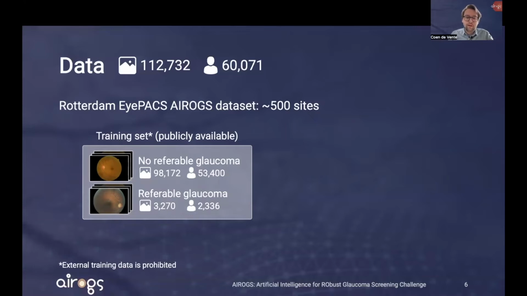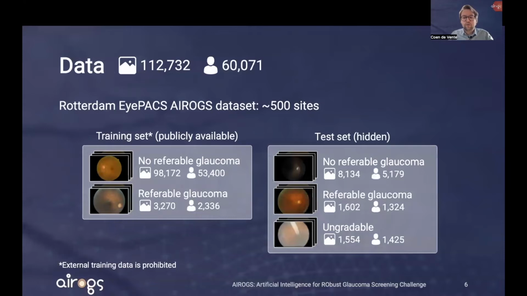We had about 98,000 no referable and a bit over 3,000 referable glaucoma cases. And then for the test set, we also had ungradable examples. So the participants actually had to come up with a solution for grading, while they did not have this available for training.